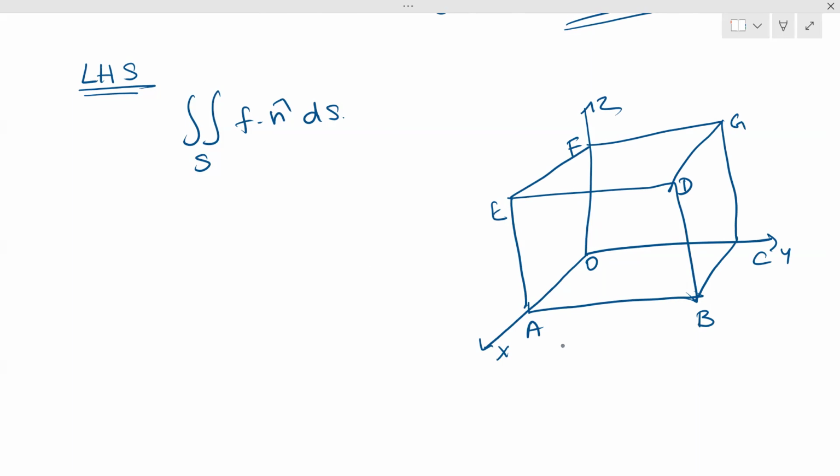So we have to divide it into 6 surfaces, S1, S2, up to S6.